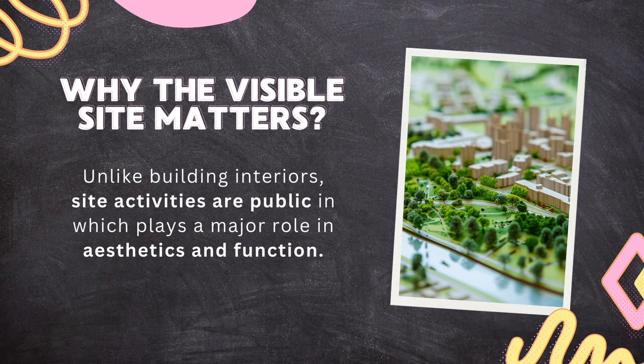Unlike building interiors, site activities are public, which plays a major role in aesthetics and function. The appearance of the site is just as important as the building exterior. Both the site and the building contribute to the overall landscape, which is what people will see and remember.